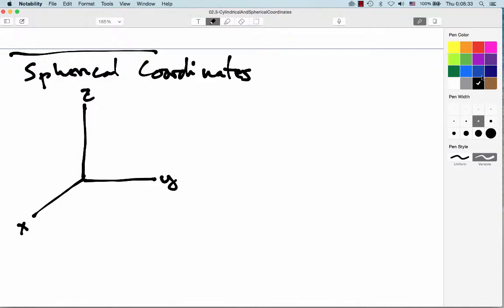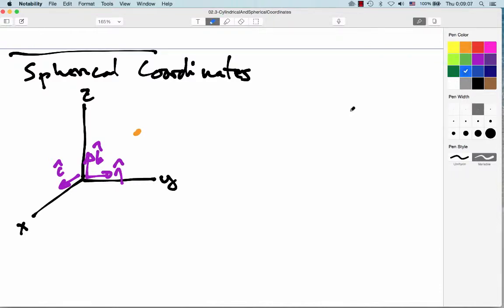So again, I go ahead and put in a Cartesian coordinate system, and we'll mark the Cartesian unit vectors just like before. Okay, so now we're not going to have a z hat that's parallel to k hat. We're just going to take everything straight off from the origin. So there's my point off from the origin.